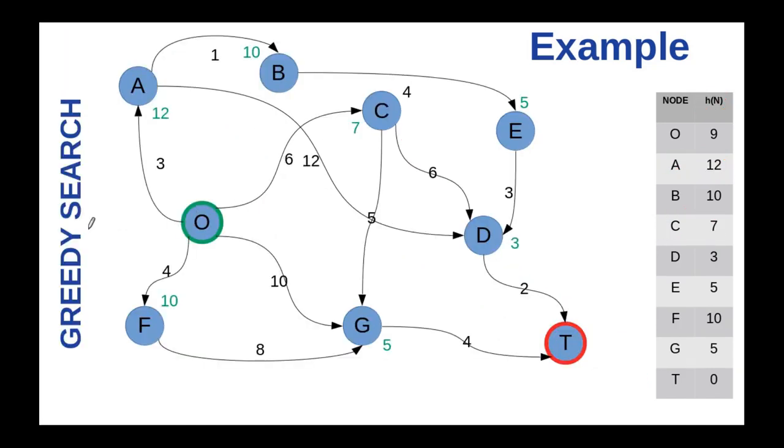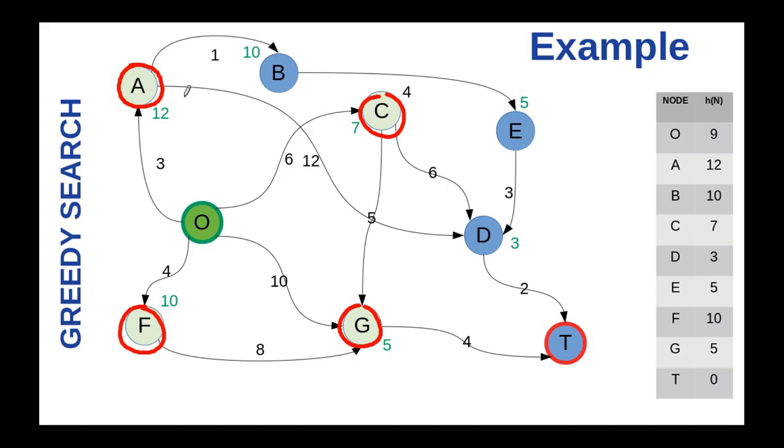We will start with the greedy search algorithm. As you can see here, we start from O, so we mark O as an already visited node, and we check the heuristics of all the neighbors of O. As you can see, we have A, we have C, that is also a neighbor, we have F and G. All of them are neighbors.